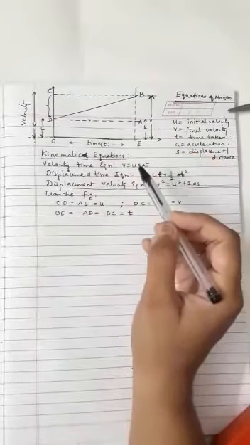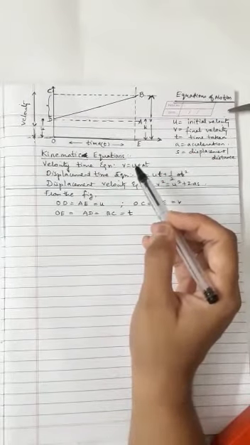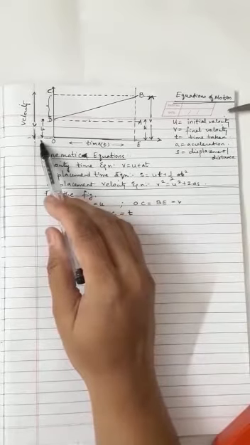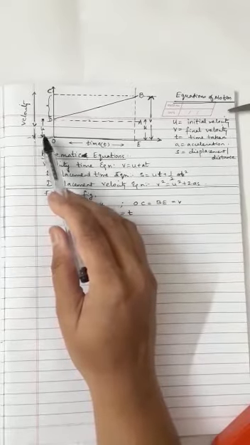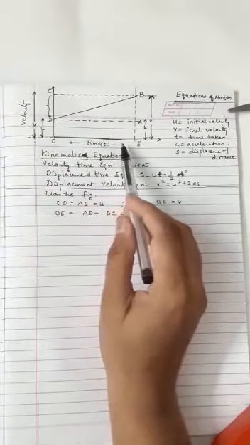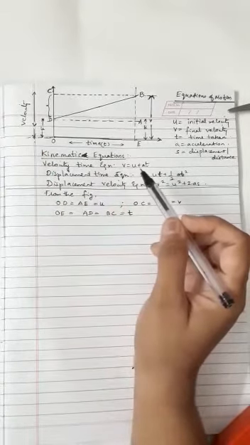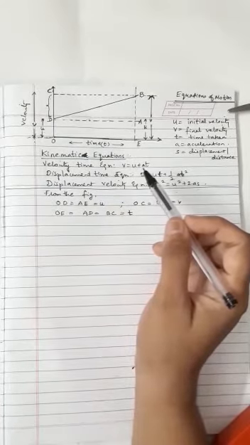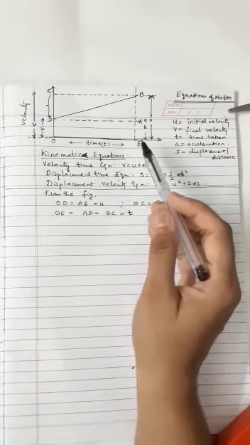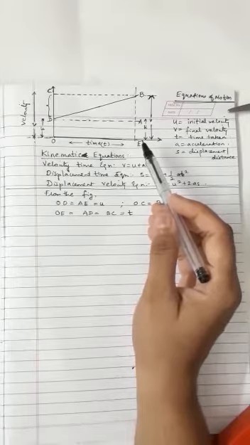Now suppose an object is in motion along a straight line with initial velocity u. It attains final velocity v in time t due to acceleration a. Its displacement is s.